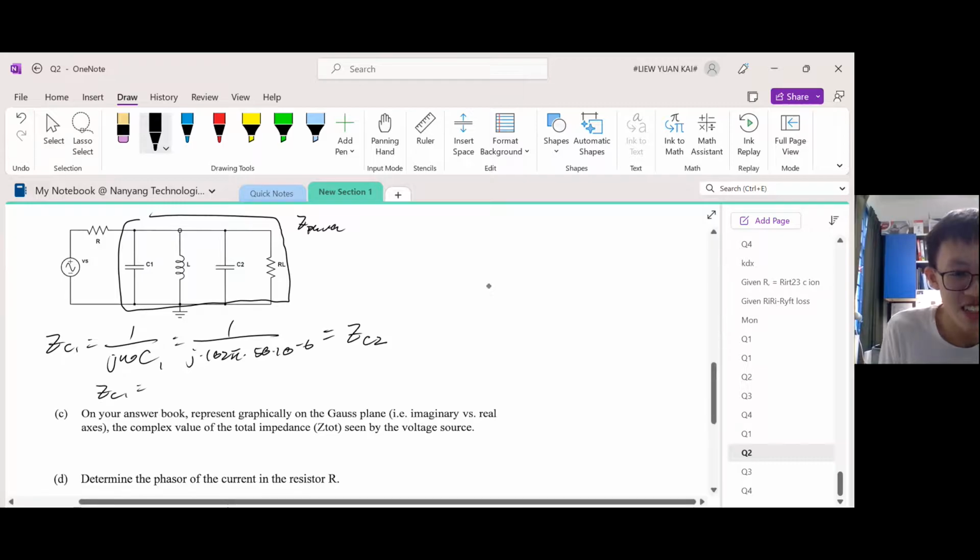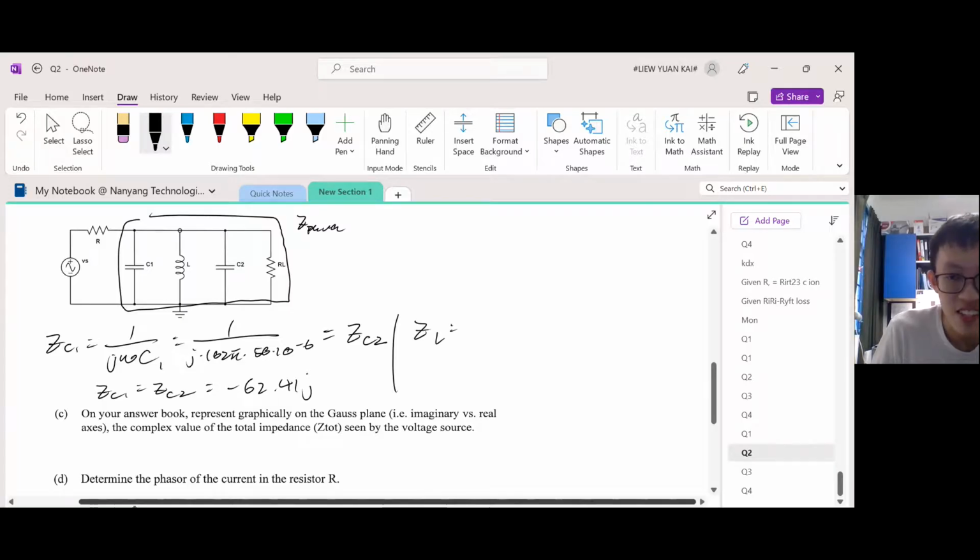So ZC1 equals ZC2. I'm gonna calculate this value. Oh, thank heavens they're the same. So 1 over this times 102 pi multiplied by 50 microfarads. This gives about that.